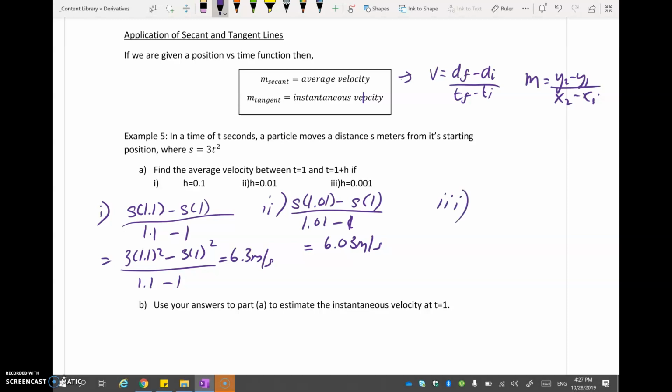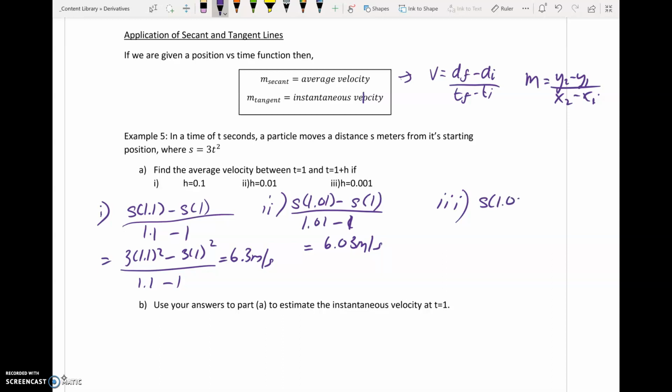And then lastly, we have 1 and 1.001. And this is going to be, if you do the calculations, 6.003 meters per second.